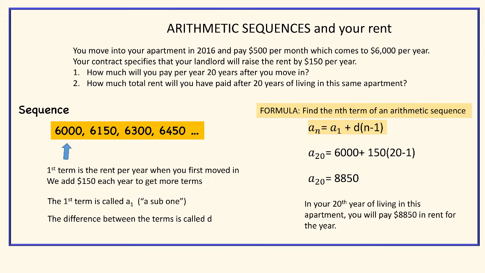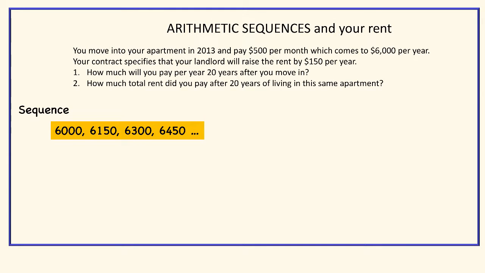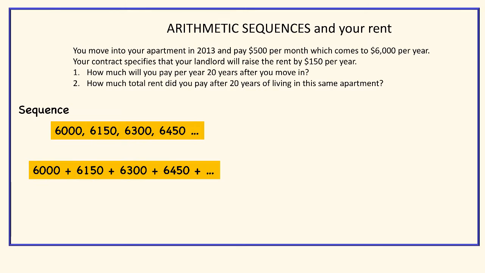Now let's try to answer that second question. We have the same sequence. We're living in the same apartment. Our rent is going up by $150 each year. Now this time what I really want to do is add up all those numbers. I could keep figuring out each number.